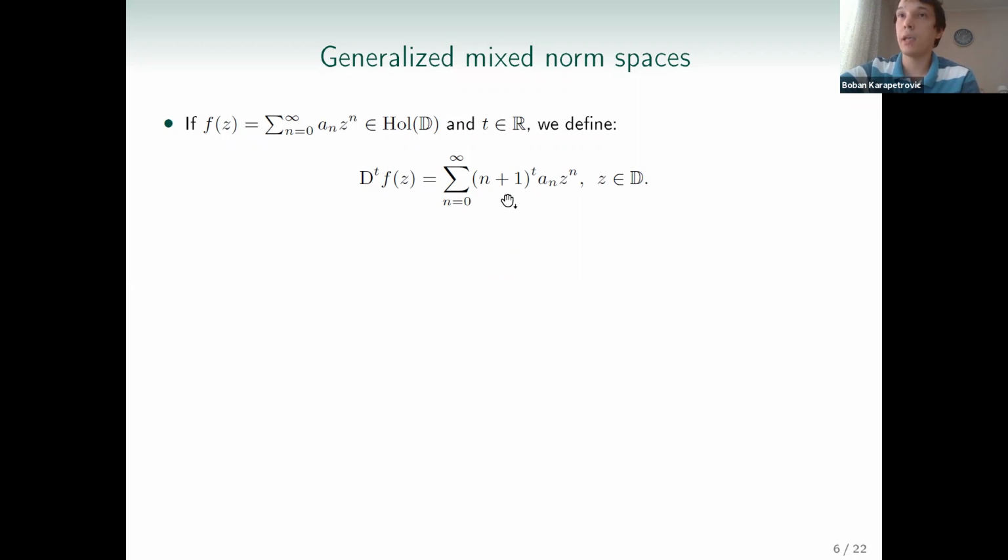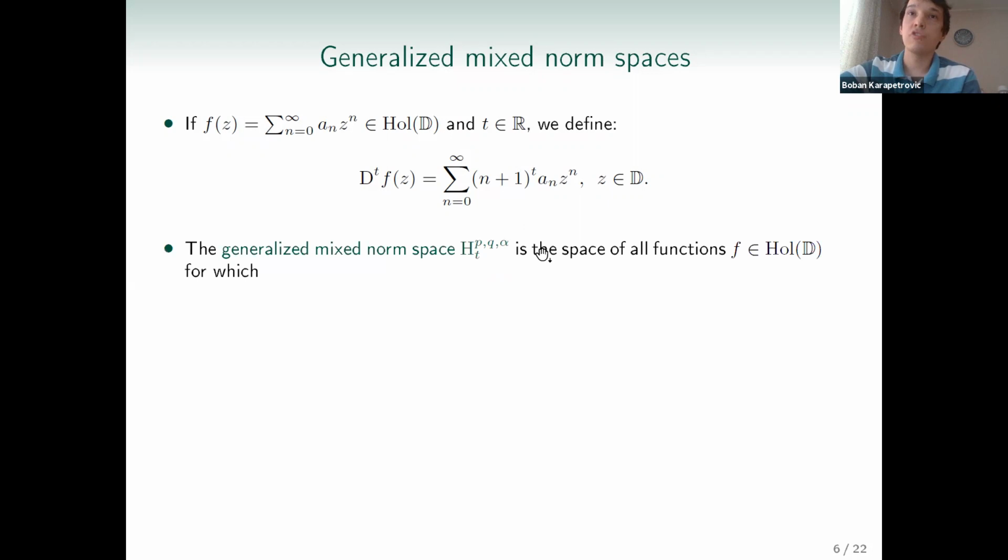So this is again, of course, a function holomorphic in the unit disk D, with this factor (m plus 1) to the t. And now the generalized mixed norm space H with these parameters p, q, alpha, and t is the space of all holomorphic functions f for which this H^{p,q}_alpha norm of the fractional derivative of order t of f is finite.